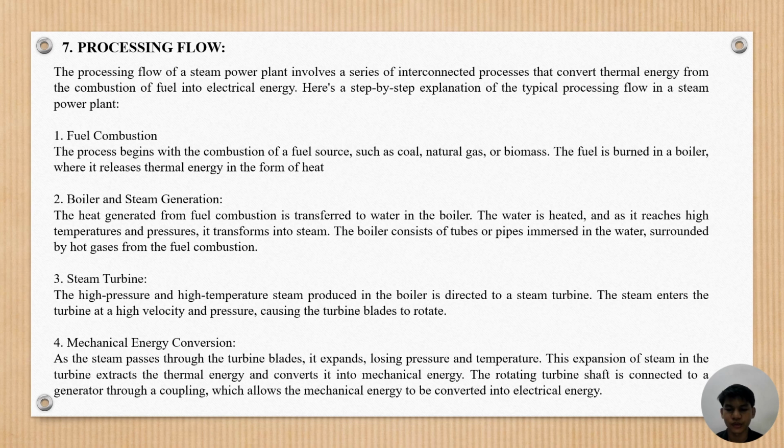This expansion of steam in the turbine extracts the thermal energy and converts it into mechanical energy. The rotating turbine shaft is connected to a generator through a coupling, which allows the mechanical energy to be converted into electrical energy.